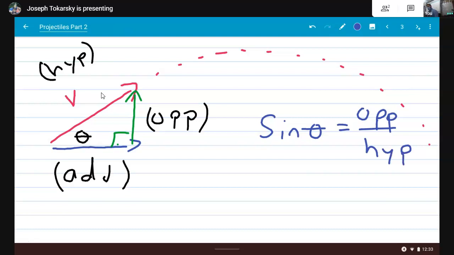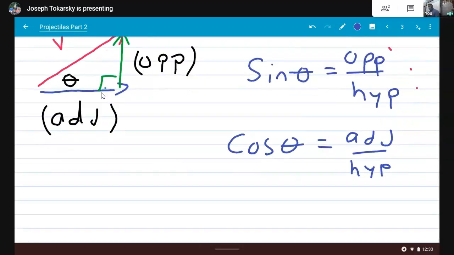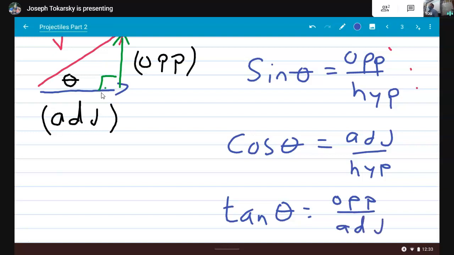And cosine, somebody else tell me, is what? Adjacent over hypotenuse. Although in this stuff we really won't need it, since it's one of the three main ones, we'll define it anyway. Sine and cosine are going to be the two that matter to us in these kinds of problems, but we'll throw tangent in anyway. Carson, what's tangent? Opposite over adjacent.